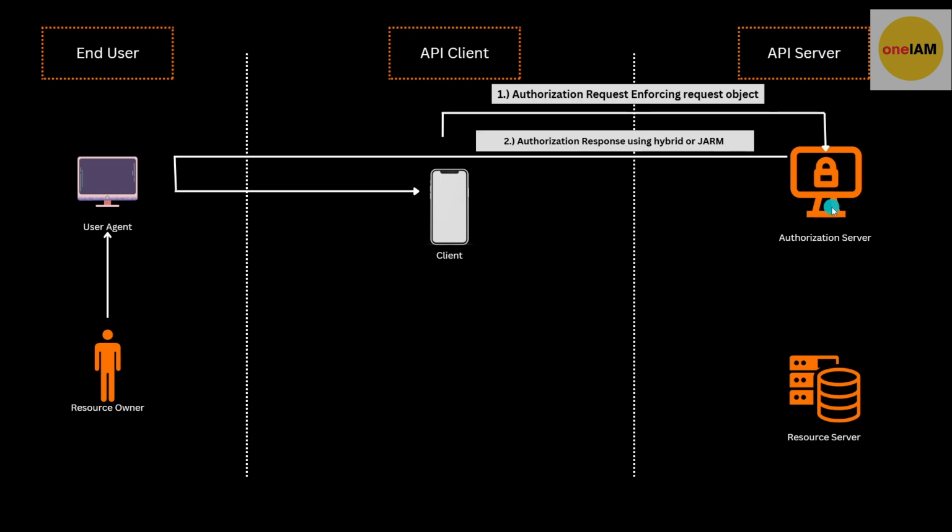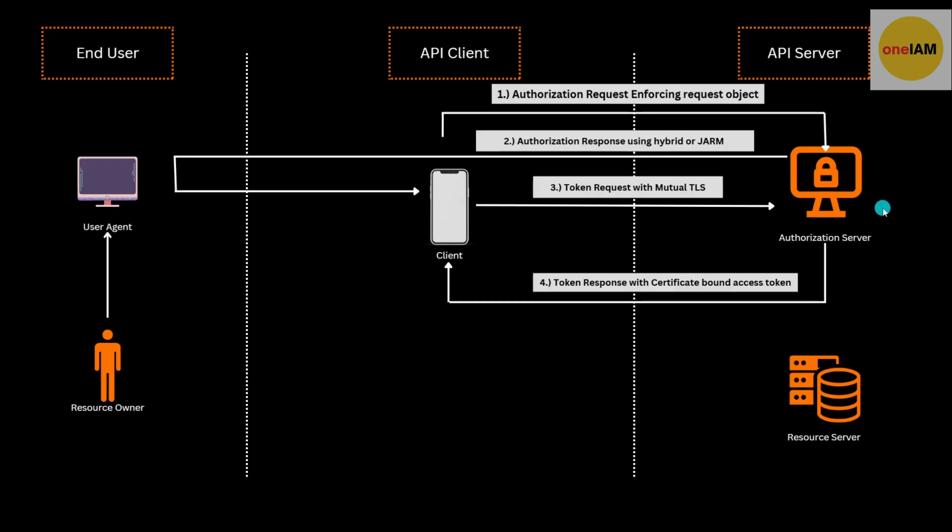Once we receive the authorization response, we can use that authorization code to make the token request over a mutual TLS connection. We are going to use a public certificate and a private key to establish this mutual TLS connection. Then the authorization server is going to send us the token response with a certificate bound access token.